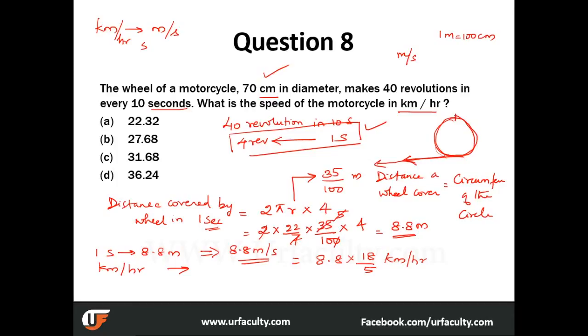We multiplied by 5 by 18, right? In the case of meter per second to kilometer per hour, we will multiply it by 18 by 5. So when you multiply it by 18 by 5, you will get the answer as 31.68 kilometer per hour. That's your answer.